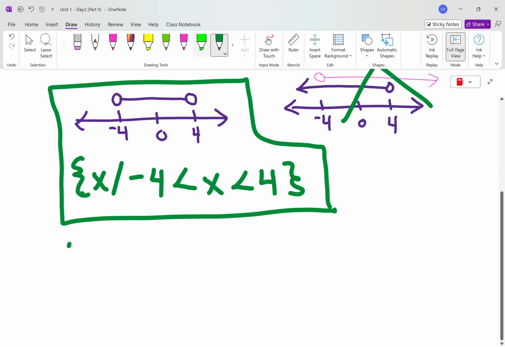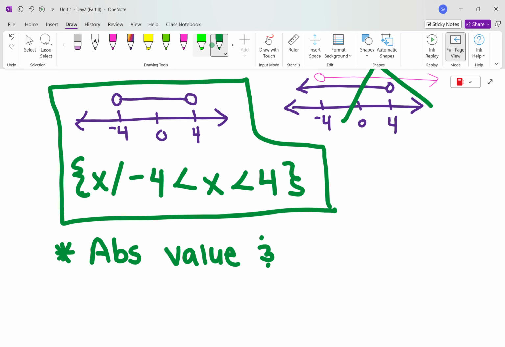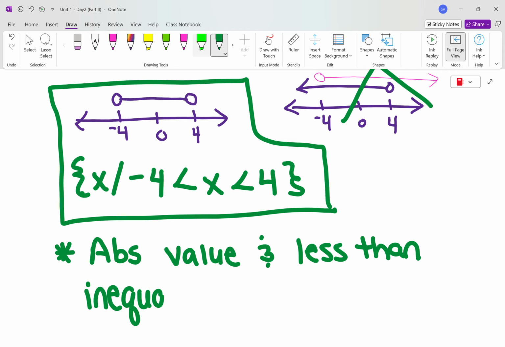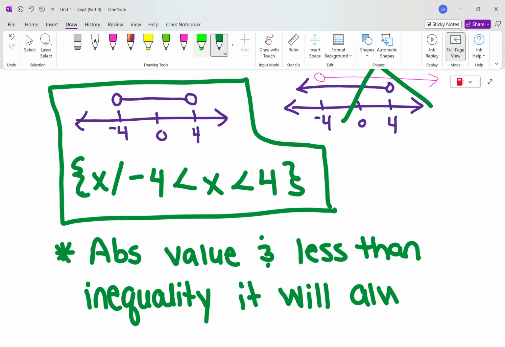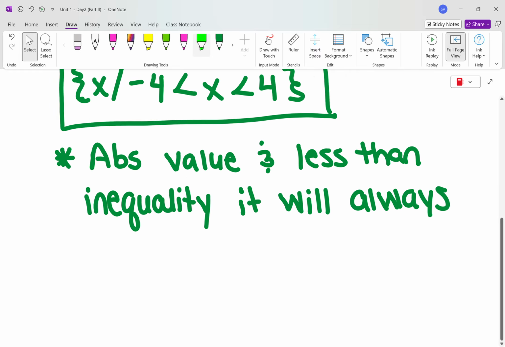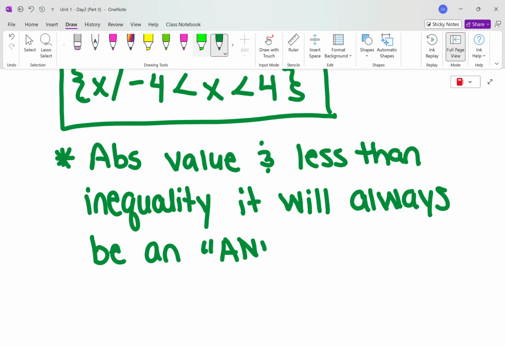So I'm going to put a little star here. When we have an absolute value and less than inequality, it will always be an and problem.